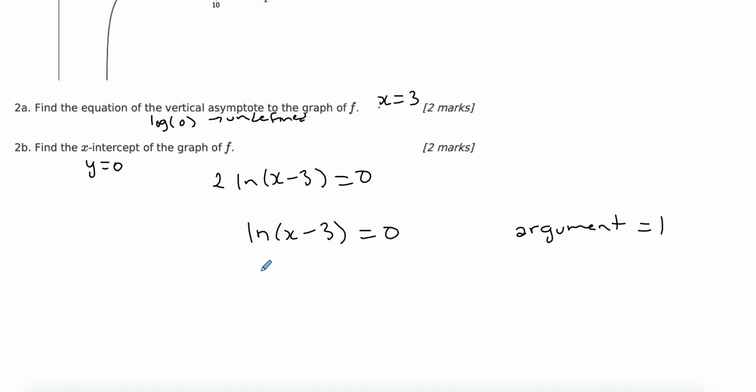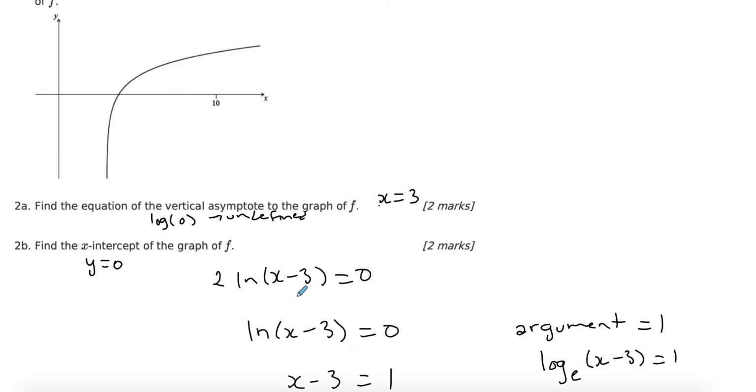Or you can try and rewrite ln as log base e, x minus 3 equals 1, and then do e to the power of 1 equals x minus 3. That's the long route. But I know that the argument has to be equal to 1, so x minus 3 has to be equal to 1. And so x equals 4, and you can test it out. So the x-intercept is x equals 4.